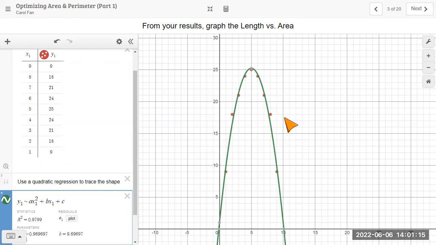So you can tell this is a parabolic shape, and in this parabolic shape, I see that I reach a maximum at 5 and 5, which gave us 25.